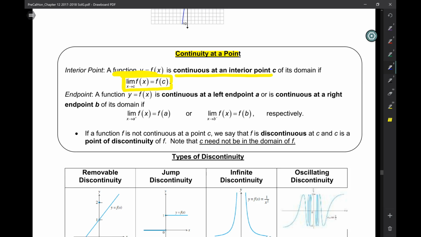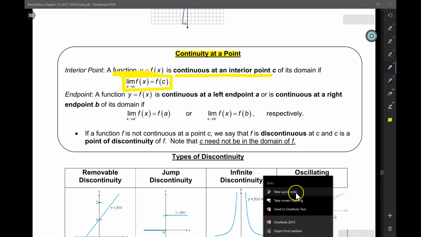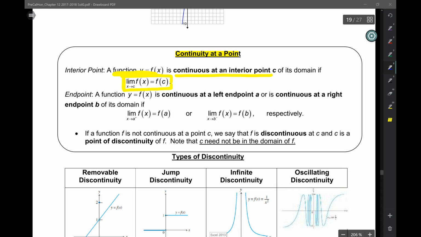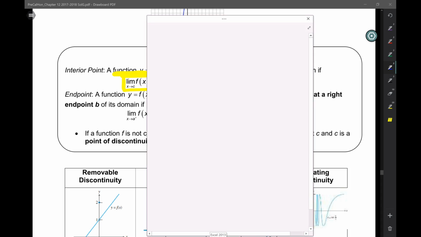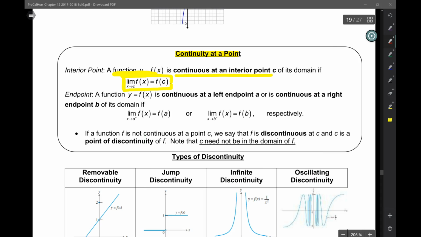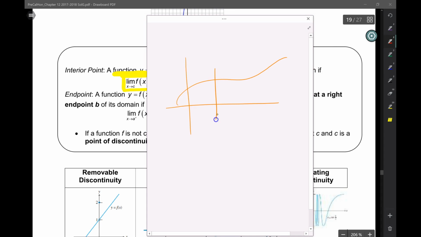Now, what if we are talking about an end point? Suppose you have your function like this, but I'm only looking at it from A to B. The rest I throw away. So now I want to know, is it continuous at A? Is it continuous at B?